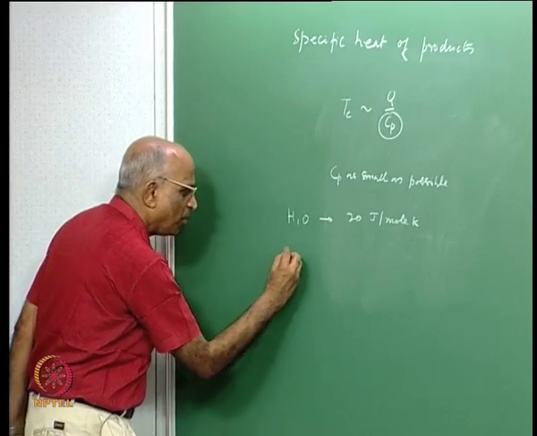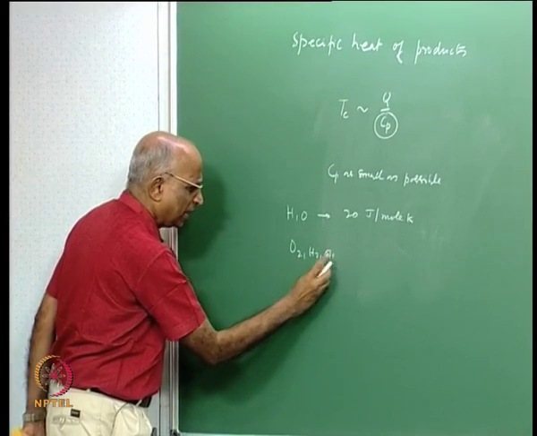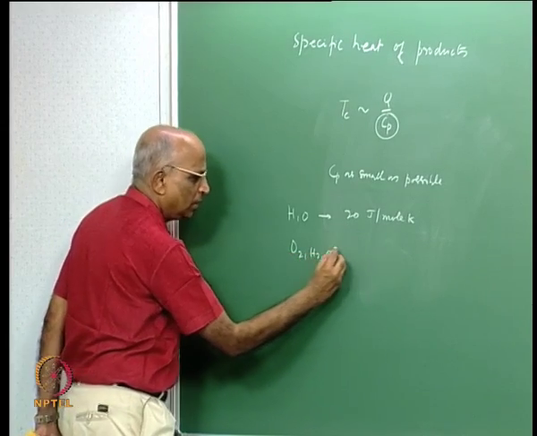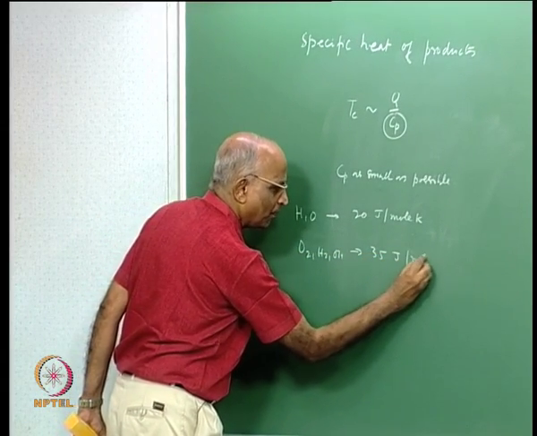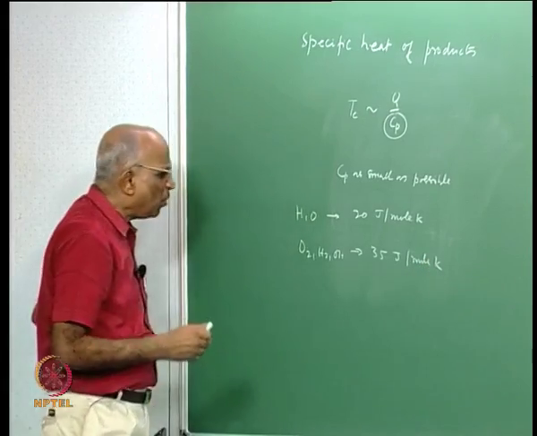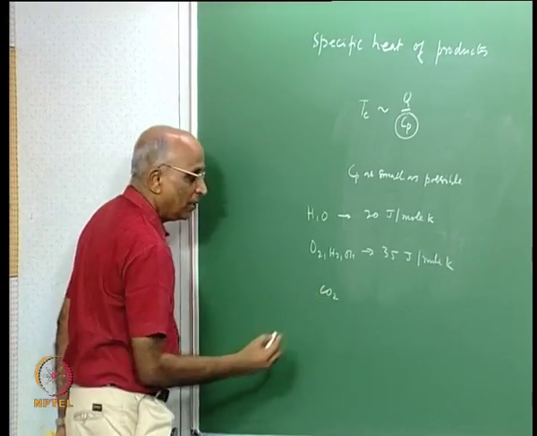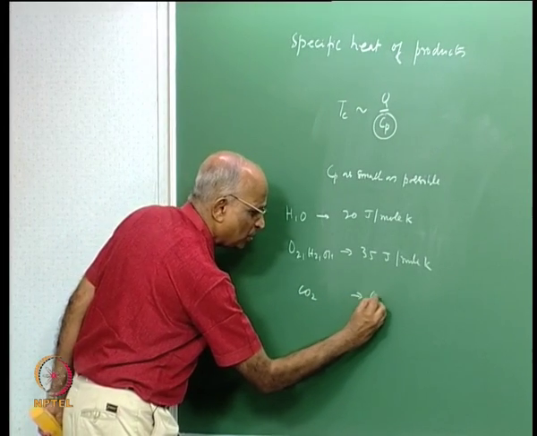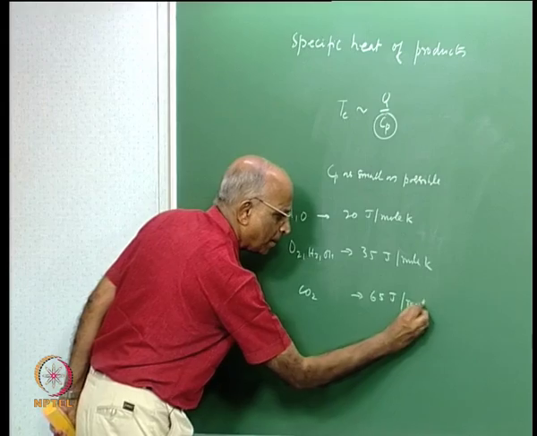If I have diatomic molecules like O2, hydrogen or OH, that is two of them together, it increases to something like 35 joule per mole Kelvin. If I have still more complicated things like CO2, three of them together, it increases to almost 62 or 63, let us say 65 joule per mole Kelvin.